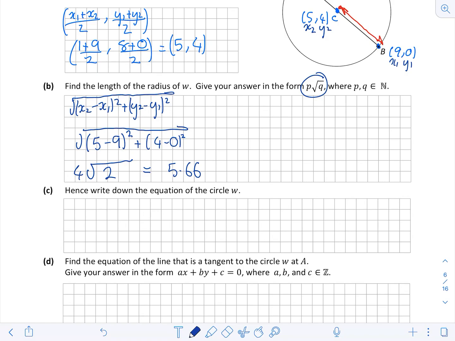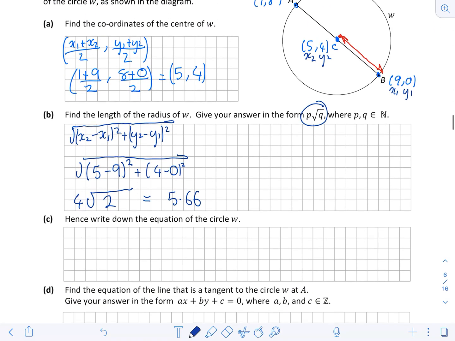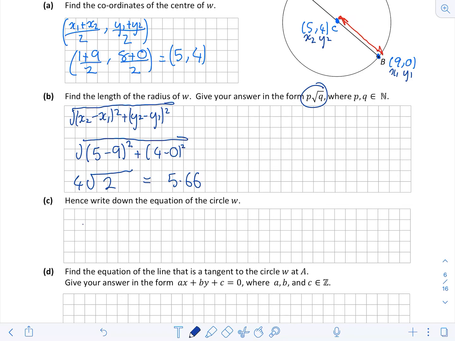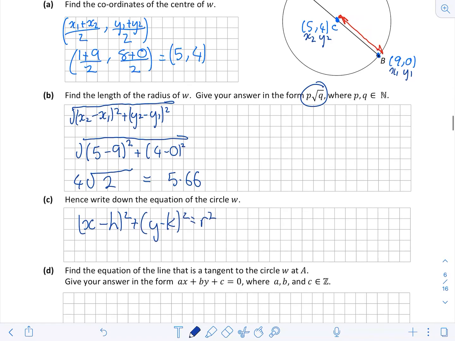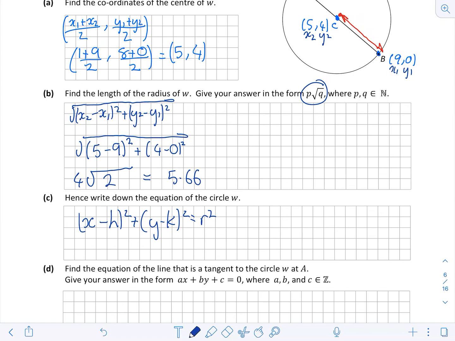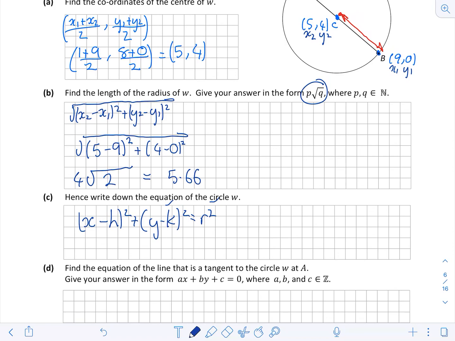Hence write down the equation of the circle W. So we go to our maths tables and we look up equation of a circle. The formula we're going to use is (x minus h) squared plus (y minus k) squared equals r squared. And h and k, it tells us in our tables, are the center, and r is the radius. So x and y stay the same.